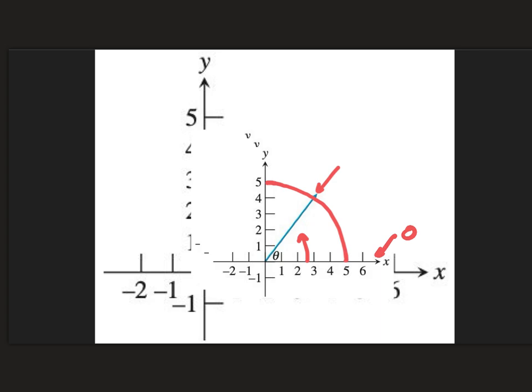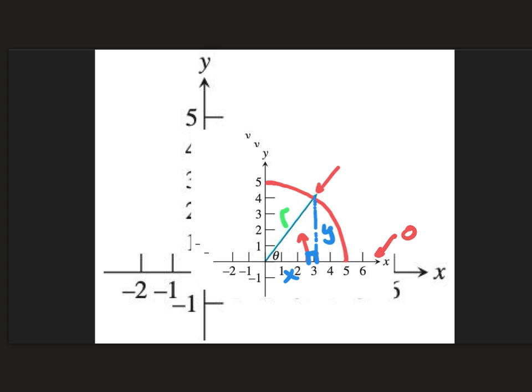And so what we do in right triangle trigonometry is we drop a vertical, making a right triangle there. Now, we see that this is the x, this is the y, and this is our radius.